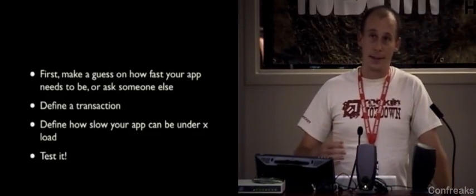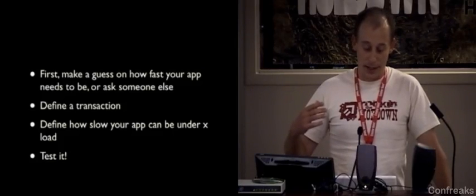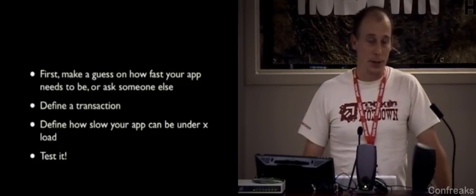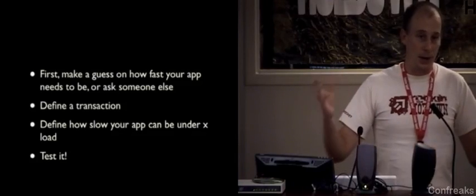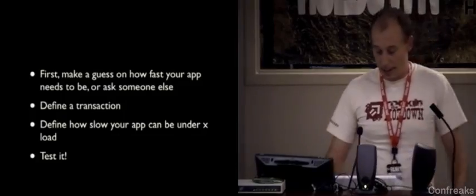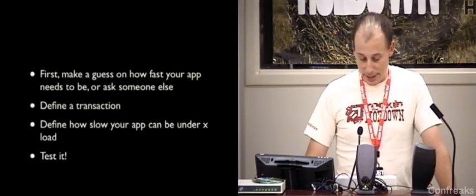Then you need to think about how your application is going to scale under a certain amount of load, and how much lag is going to be acceptable. So if you say I want 20 concurrent users, it should be 3,000 milliseconds for this particular transaction, and you need to define all these things. And then you've got to test it.